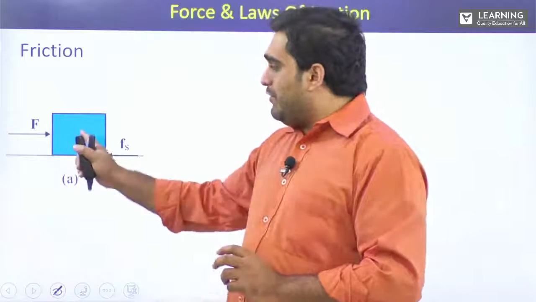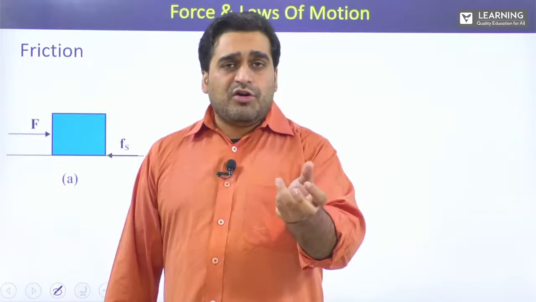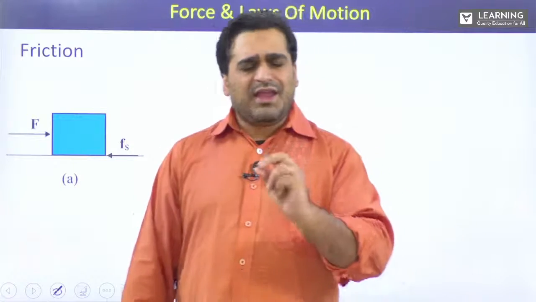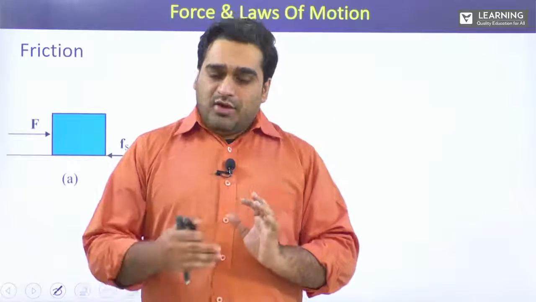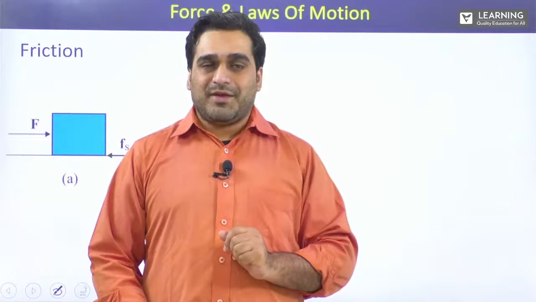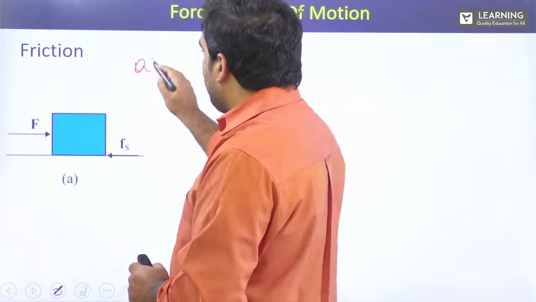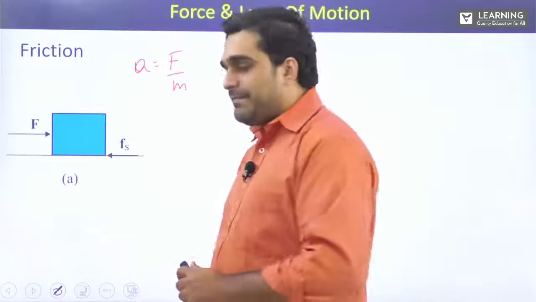When you apply a force on this block, when there is no friction present, any amount of small force that is applied, the object will move with a slow acceleration, where we can define the amount of acceleration as force divided by the mass.